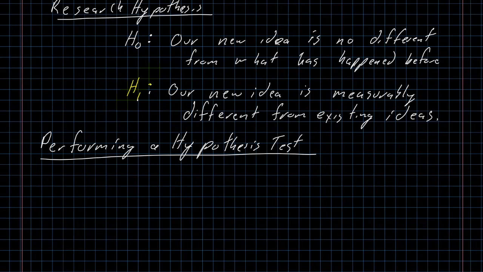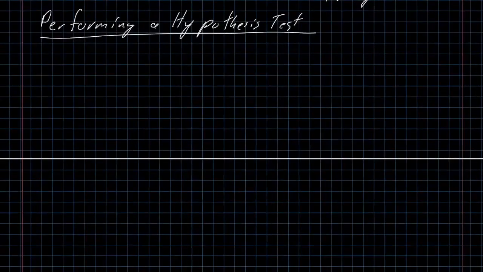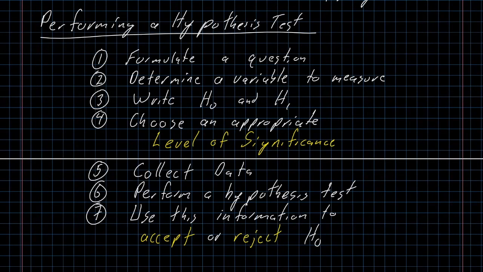For now, let's look at the step-by-step process of performing a hypothesis test. I break down a hypothesis test in 7 steps, although the first couple are very quick, the last couple are a little bit lengthier.